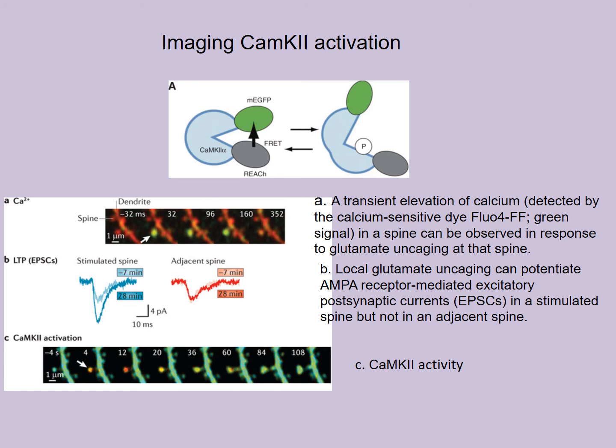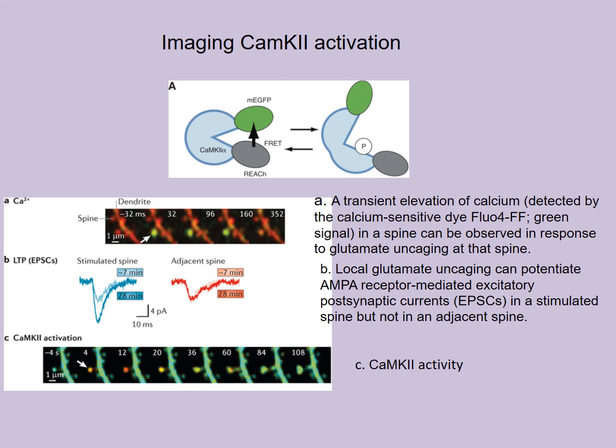On the other hand, we also have LTP in the stimulated spine. You will have increased activity with the frequency of this engagement of glutamate. However, on the adjacent spine, which did not have this glutamate uncaging, you will not have potentiation.